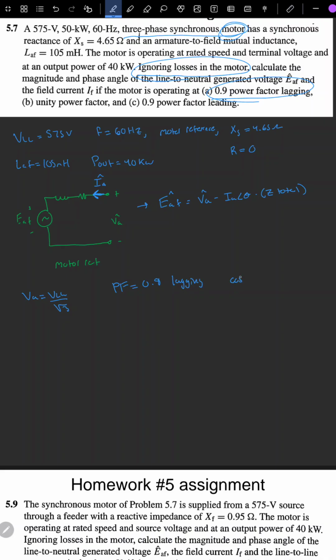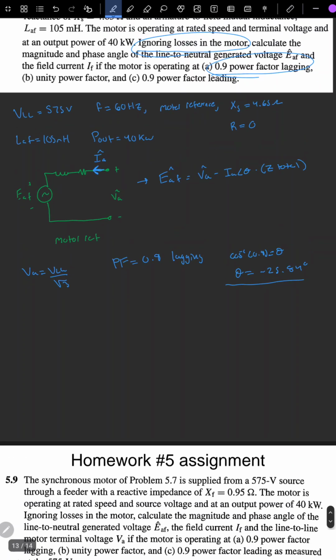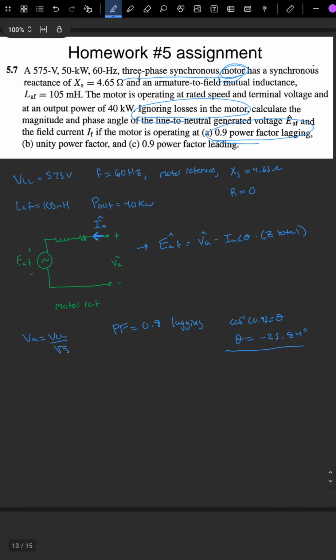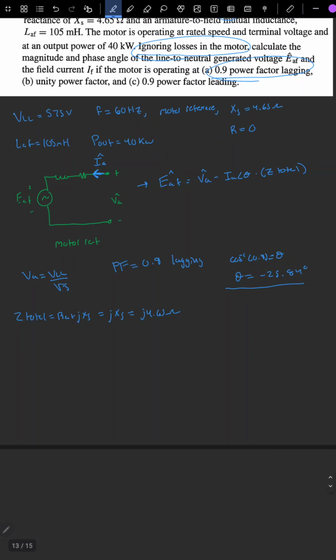So cosine inverse of 0.9 is going to equal the angle, which is negative 25.84 degrees, because the current lags the voltage, so it has to be negative. And Z total equals RA plus JXS, which is just JXS, which is J 4.65 ohms. So how are we going to find I?